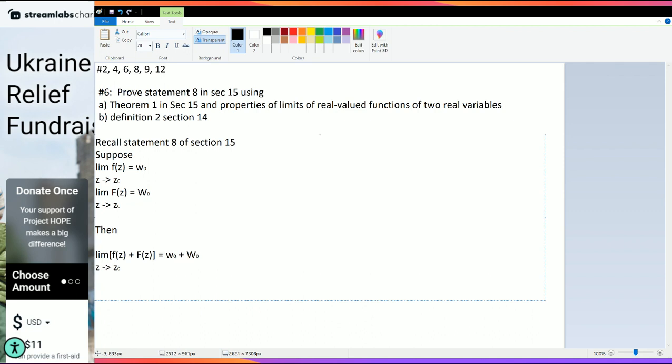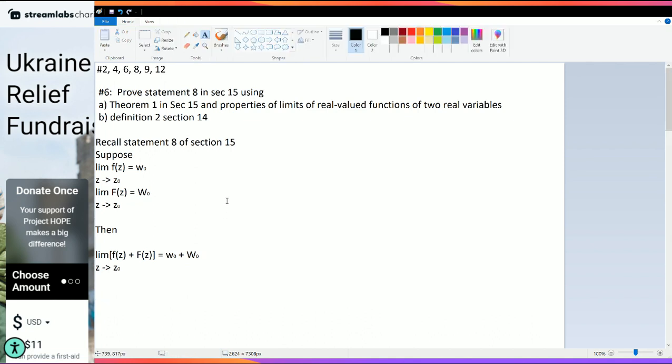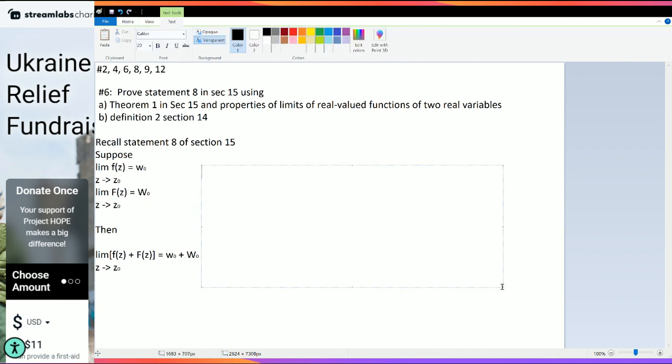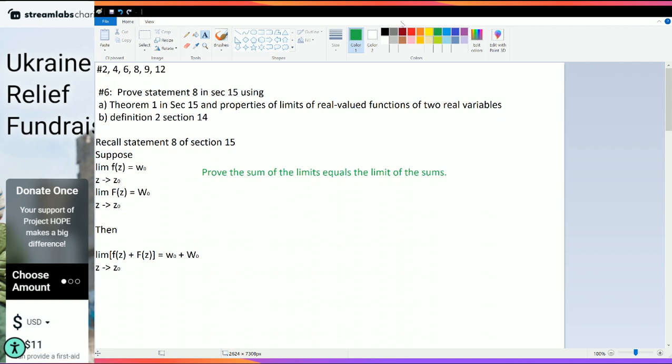Then, all right. So we're going to write in green, prove the sum of the limits equals the limit of the sums. And this is as plain English as I can write it. I do not know how to write it in any more plain English.